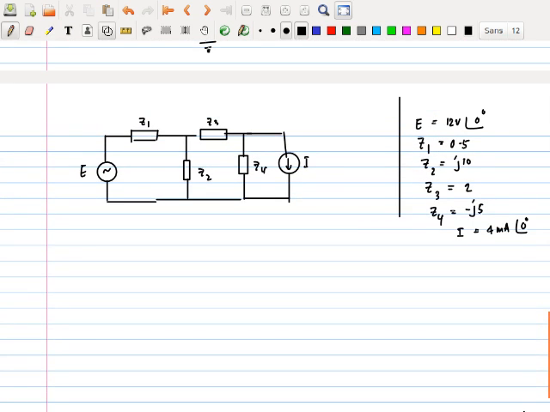Now remember, in a question you should track the units. If your impedances are in K, and you have voltages in terms of volts, then the currents are going to be in milliampere. You know this. Track that, just like what we did in the DC circuit.